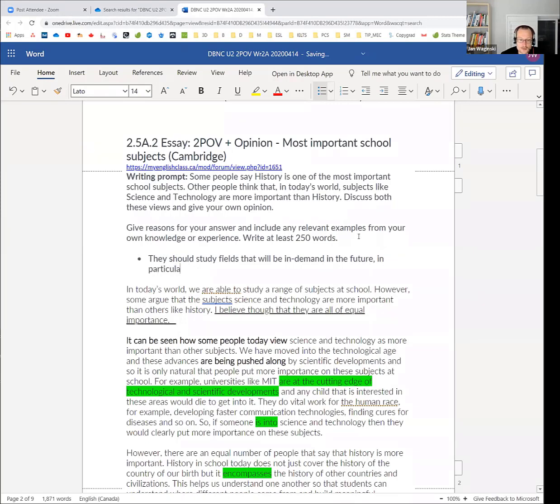In particular, those related to science and technology. Okay, that's really what it's saying. You don't need to argue anything more deeply in a thesis for this topic. Simply saying, there's going to be a lot of demand for those jobs. It's going to be easy to get a job. It'll pay quite well, and that's it.